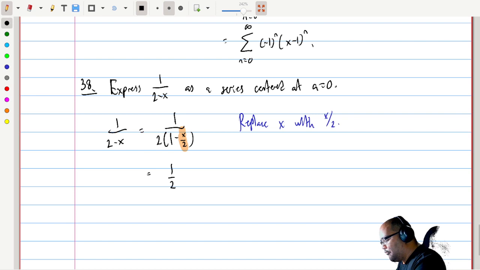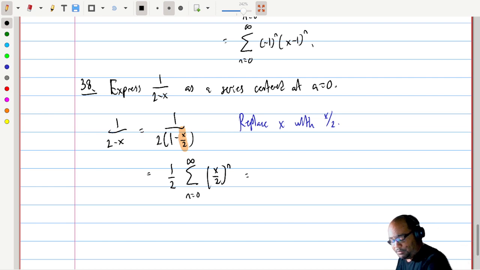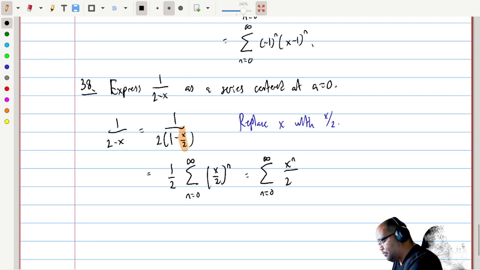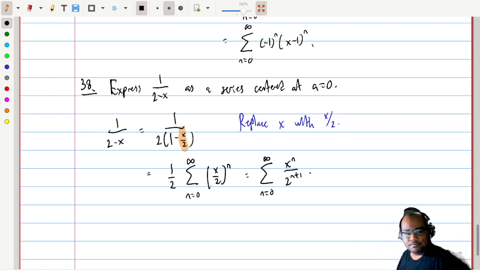So now I'll have 1/2 times my basic construction times my sum of x over 2 to the n, and after a bit of exponent manipulation, the sum from 0 to infinity of x to the n over 2 to the n plus 1. Okay, so that's my series, centered at 1.